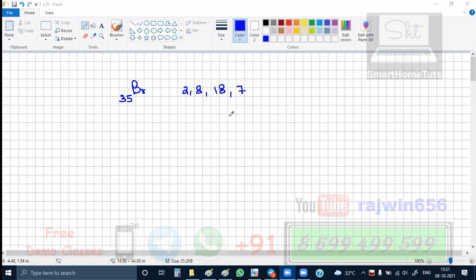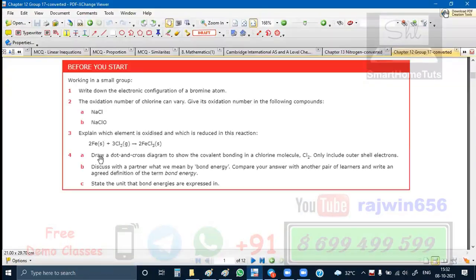This is electronic configuration in simple terms. That is for bromine. Then we are going to take up electronic configuration in terms of SPDF orbitals also, but all of that we are going to take together. The second question that we come to over here is, the oxidation number of chlorine can vary. Give its oxidation number in the following compounds: NaCl and NaClO.